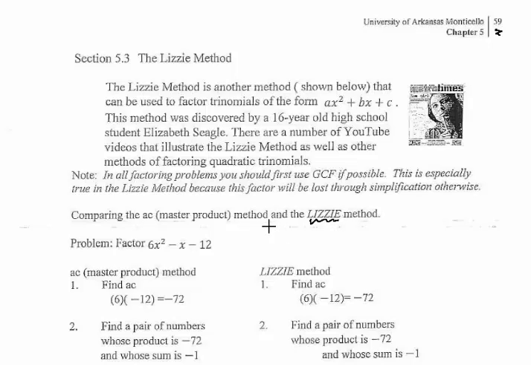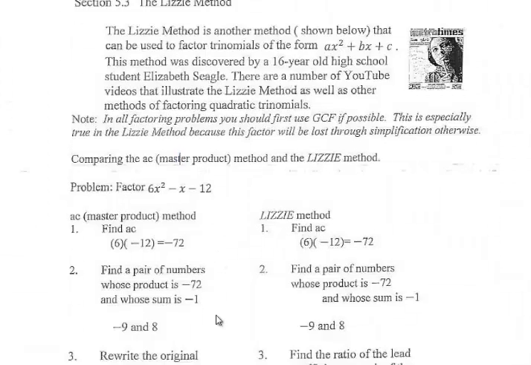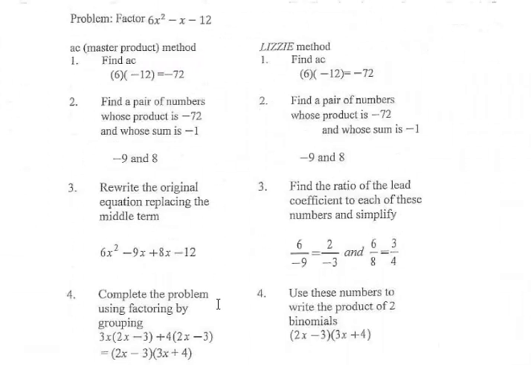What this page does is compare the AC to the Lizzie, so that's what we're going to look at real quick, and then we're going to use the Lizzie method on the next page to factor some more trinomials.